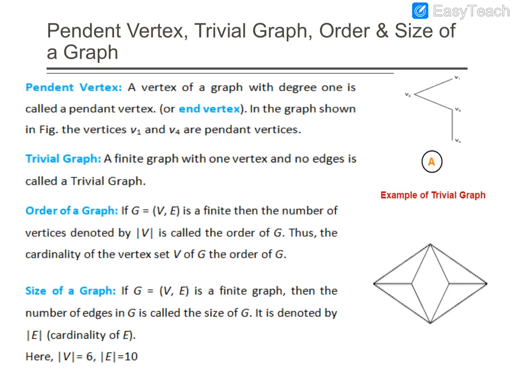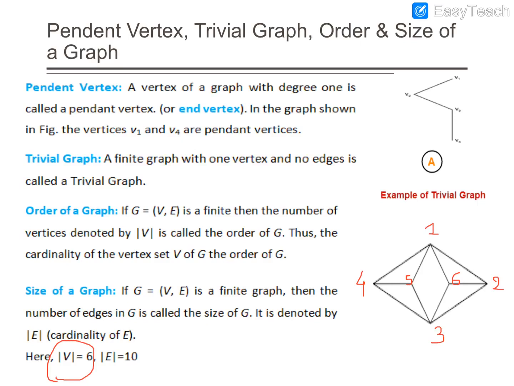Here, in a given non-directed graph, there are 1, 2, 3, 4, 5 and 6, so there are 6 vertices. Therefore, the cardinality of V is equal to 6, and that is the order of the graph.